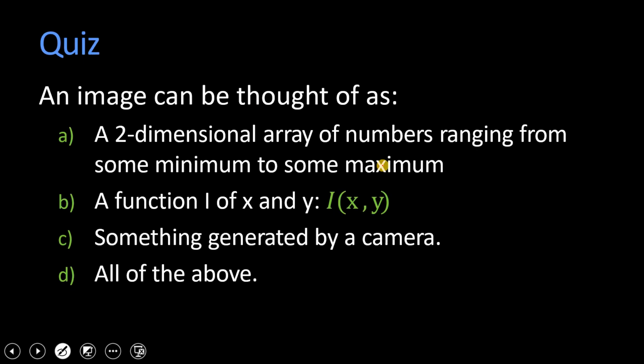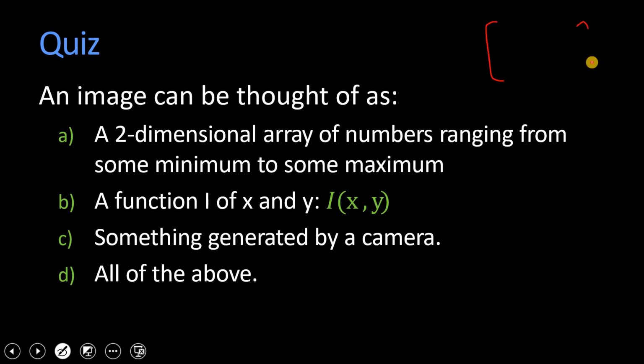So here is a small quiz which you can expect in the exam. I have put a lot of quizzes here in the slides just to give you an example of what you can expect in your exams. So image, what can we think about it? An image can be thought of as a two-dimensional array of numbers ranging from some minimum to maximum value. This option is true. Why?